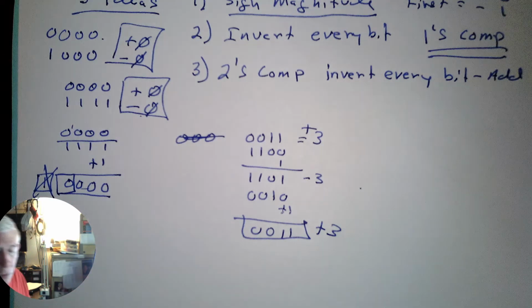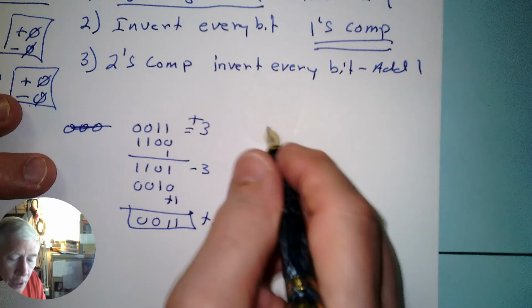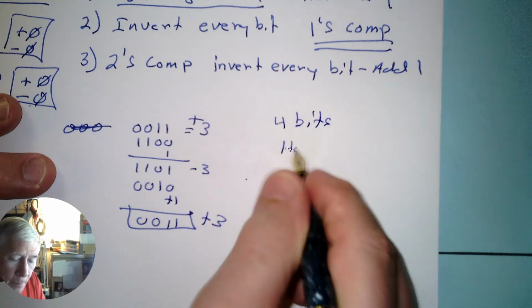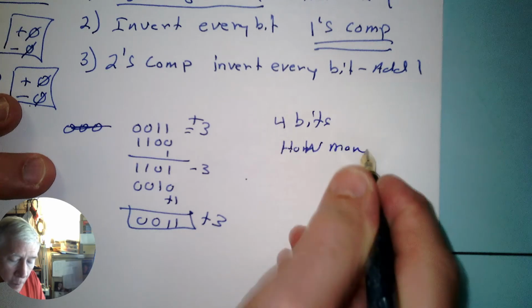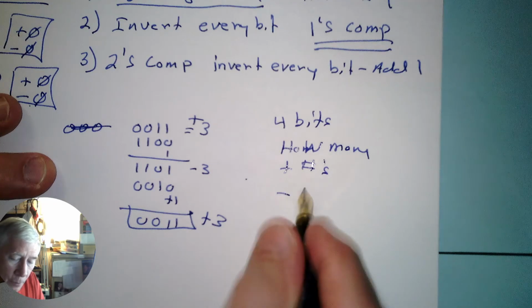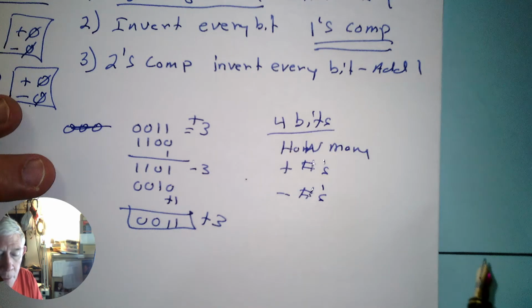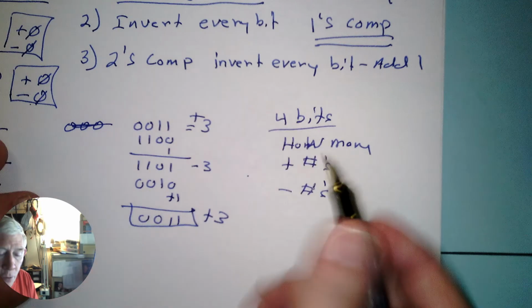Now, 2 points on this 2's complement thing. One is how many positive numbers and negative numbers can we fit in 4 bits? Well, how many unsigned numbers can you fit in 4 bits?